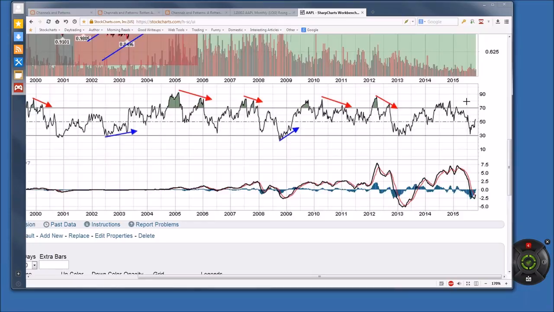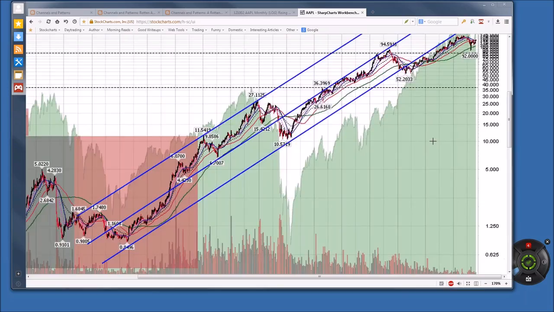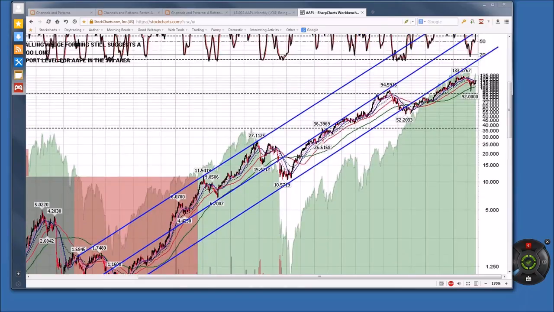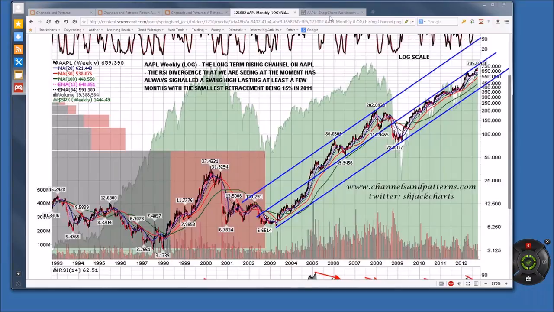Yep. I'm wondering whether there's more coming. There is more coming. I think we're going to go see, roughly speaking, the 125-ish area on Apple, and then I'm expecting $98. So I think we have a big fall in Apple coming. Well, if you think about it, on this chart I posted in 2012, I was talking about the smallest retracement being 15%, the average retracement was 45%, and we've got another one of these signals here.